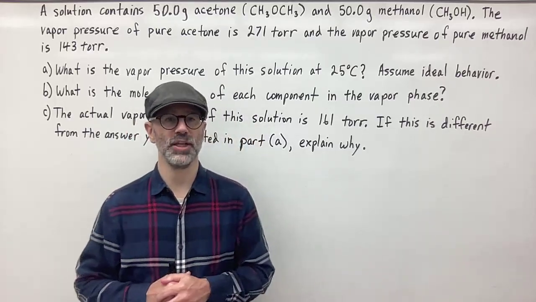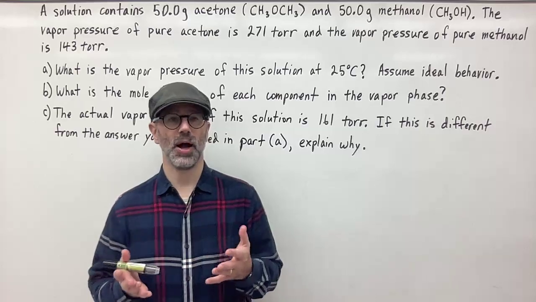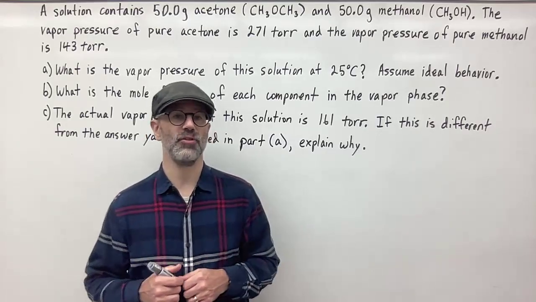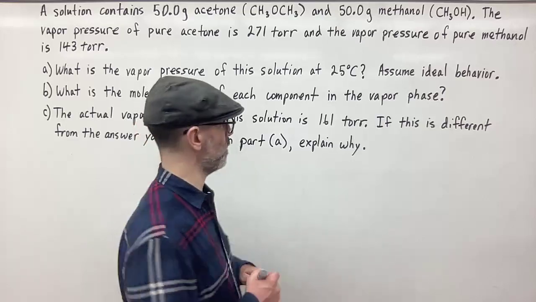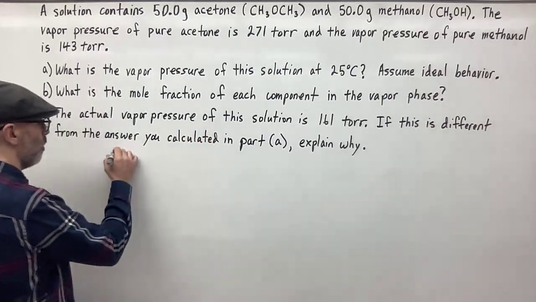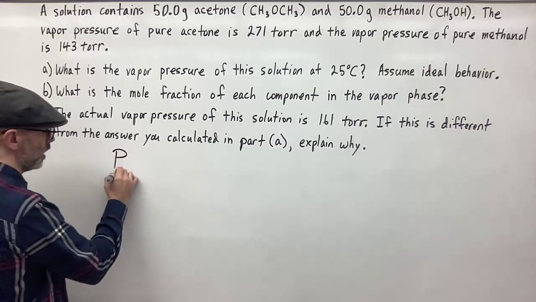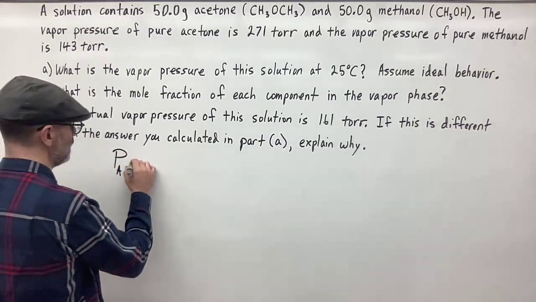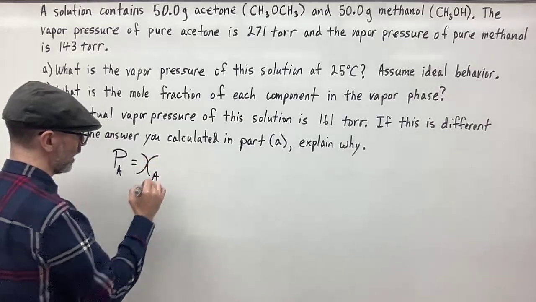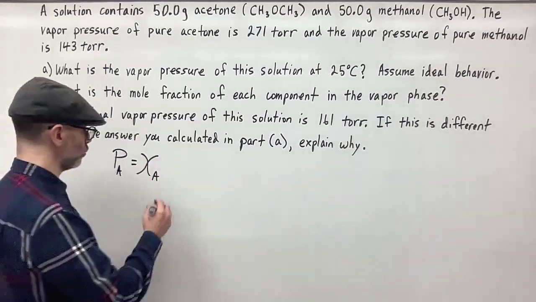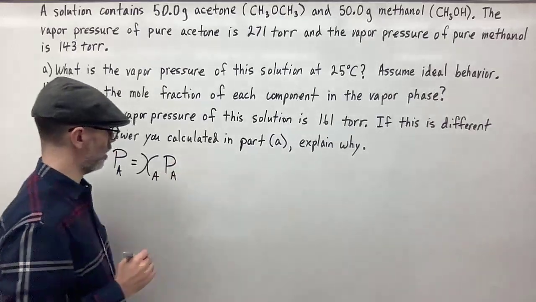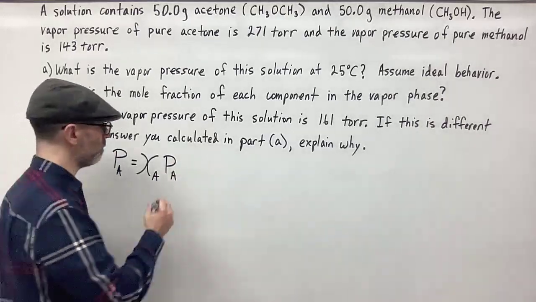Okay, so the first thing to do in this first part is to figure out what the moles are, because we need to use Raoult's equation. So remember, Raoult's equation is the vapor pressure of some substance A is equal to the mole fraction of that substance A in solution multiplied by whatever the vapor pressure of that substance A pure.